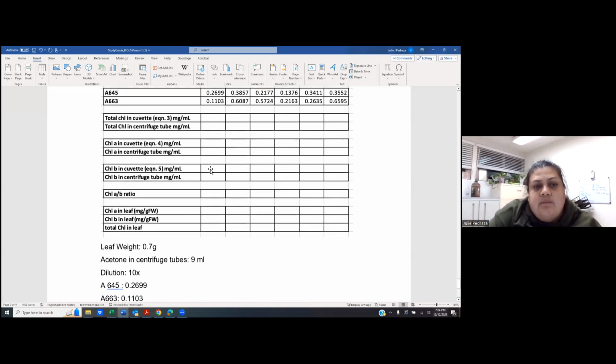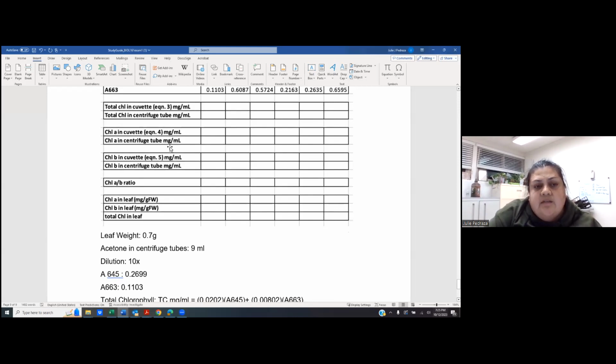So next thing we need to do is it says, calculate chlorophyll A in that cuvette.